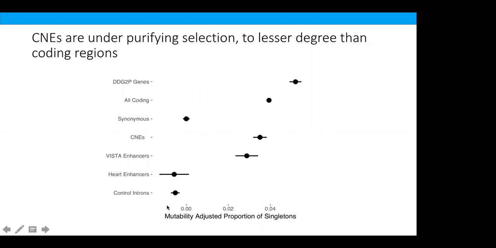This is just sequence that's covered by the exome baits that we get for free on the standard exome capture, while the VISTA enhancers and the conserved elements are under purifying selection, although to a lesser degree than coding regions in general, and certainly to a lesser degree than known developmental disorder genes.